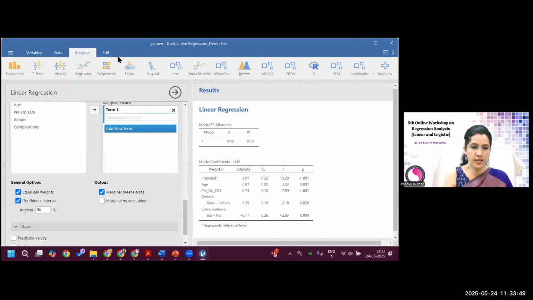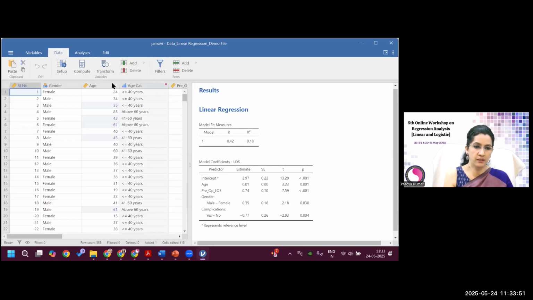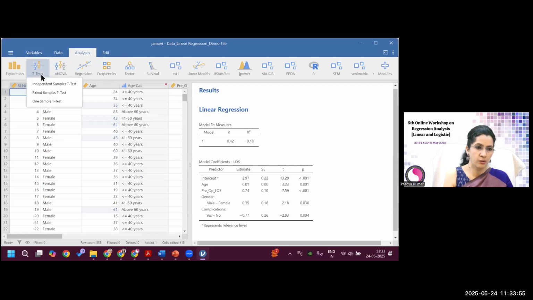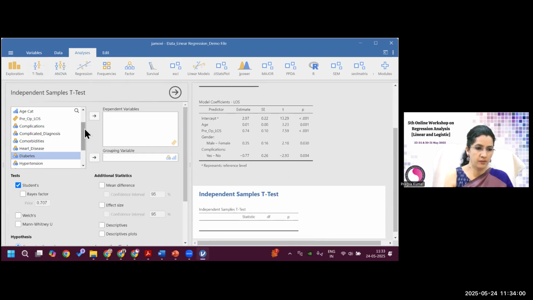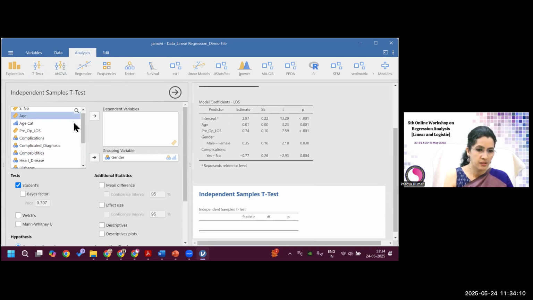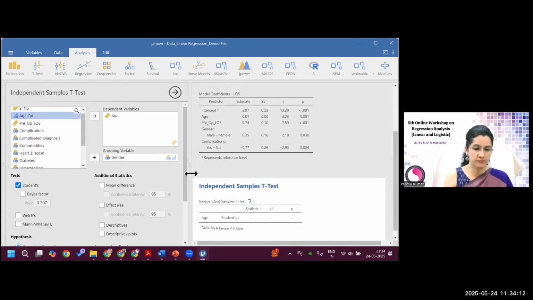So how will you check that? You have to go to the data and open this analysis, go to t-test, independent sample t-test. I will put gender as a grouping variable, and I'll put age as a dependent variable.